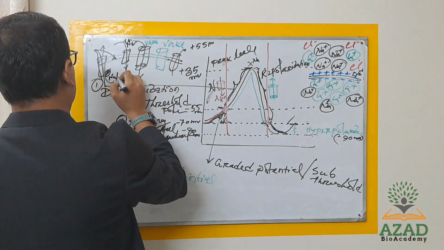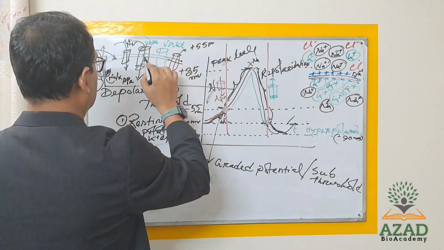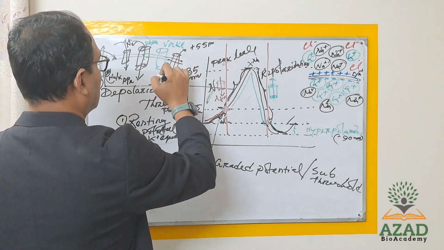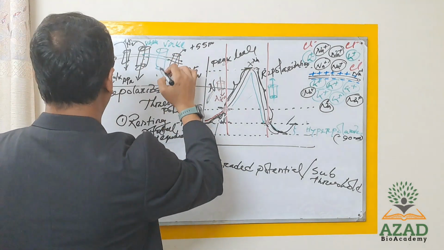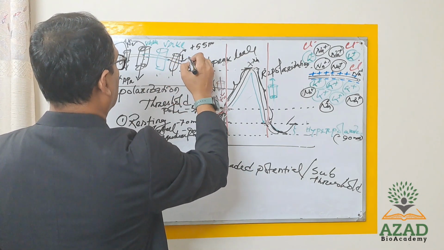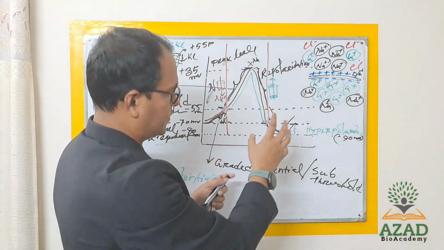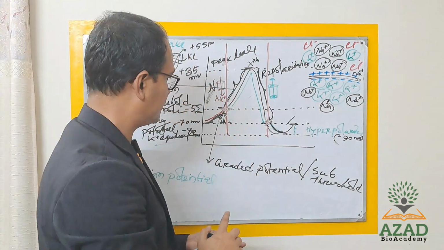This is the sodium potassium ATPase pump, this is the voltage gated sodium channel, this is the voltage gated potassium channel, and this is the leaky potassium channel.